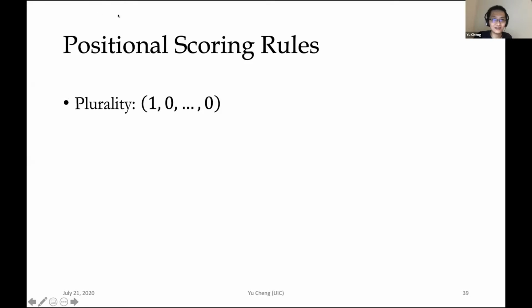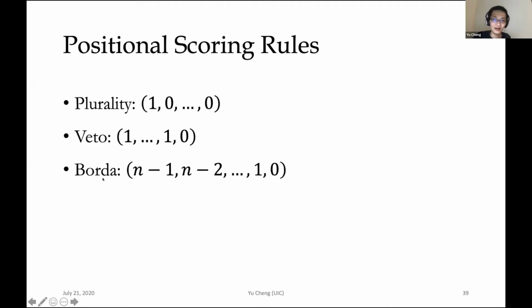So plurality has a vector that gives 1 point for your favorite candidate, and 0 for everybody else. Veto, where you just hate the worst candidate, you vote 1 for everyone else and 0 for him. The Borda scoring rule is a common rule that is smoother between plurality and veto, where you give the highest number of points for your favorite candidate, and then your score goes down gradually down the list.